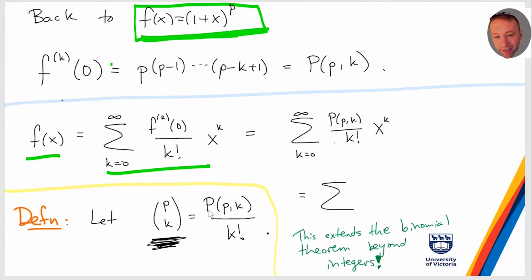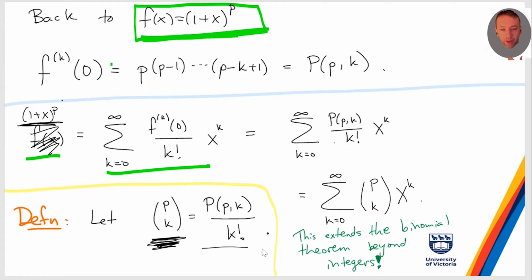So maybe instead of writing f of x here, I should write (1 plus x) to the p. So the point is that (1 plus x) to the p is equal to the sum from k equals 0 to infinity of p choose k times x to the k, where p choose k is this, and where this numerator was defined on the previous slide.